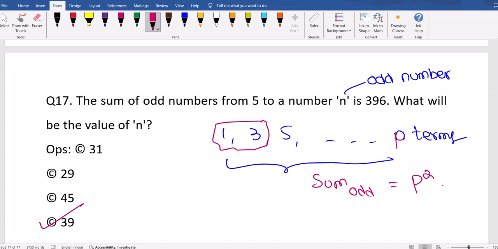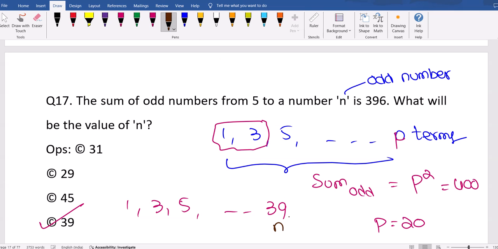So p square equals 400. P is nothing but 20 terms. 20 terms means 1, 3, 5, so on up to 39. That's why n is nothing but 39.